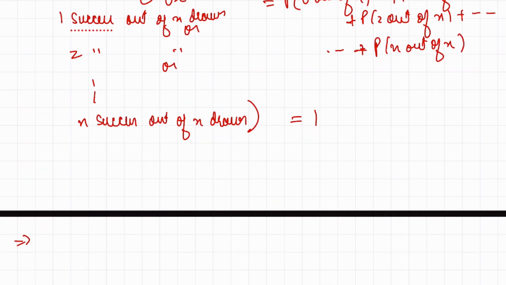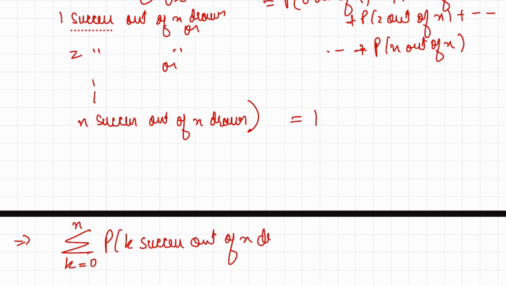So what we can summarize this as, we can say the sum over k, let's say k being the number of successes from 0 to n, probability of k success out of n draws is 1. Okay?